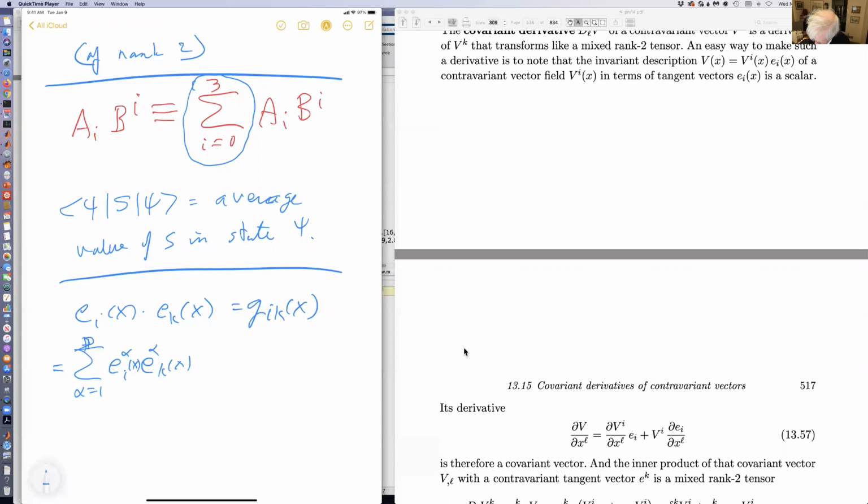And there might be a sign here, sigma alpha. We'd expect at least one minus sign here because the metric of space-time has one minus sign.